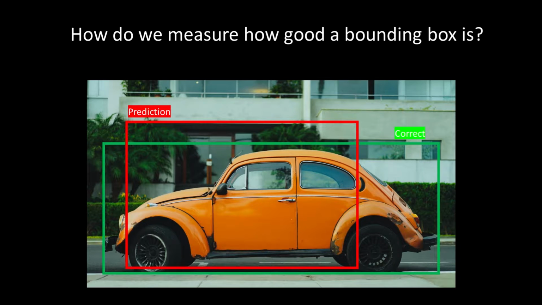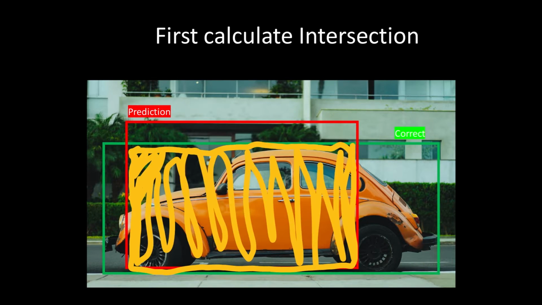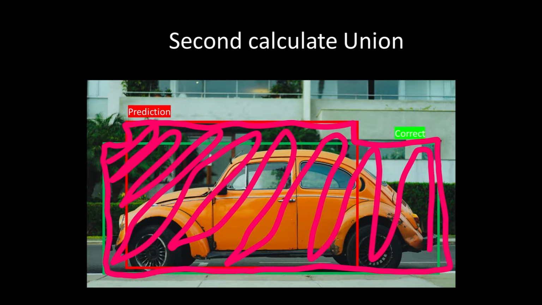And also, we want to have a way of quantifying and saying more specifically how good this bounding box is. So what we're going to do is first calculate the intersection of those two bounding boxes, which is this beautifully drawn yellow figure. Then we're going to calculate the union, which is the combined area of both of those bounding boxes, which is this, again, beautifully drawn pink region.